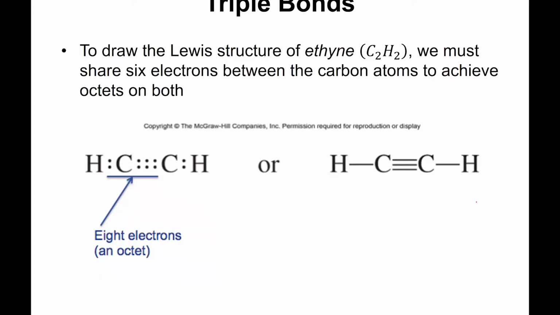Triple bonds similarly work as the double bonds. To draw a Lewis structure of ethine, C2H2, you have to share 6 electrons between the carbon atoms to achieve an octet. So in this case, our carbon, remember, on each wants to make 4 bonds. We only have 2 hydrogens.